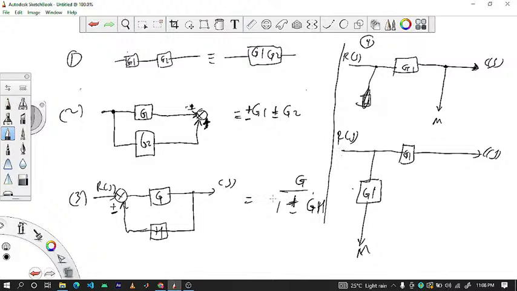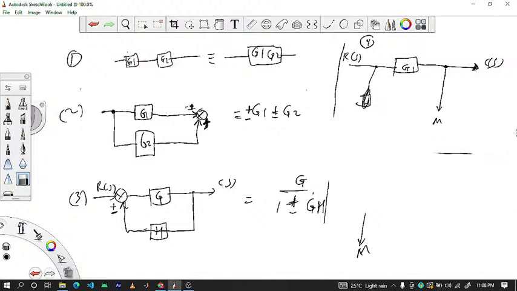So I don't add that to my steps because I know one. So let me move to the next step. The next rule. So the next rule is that if you have a block G1, you have a summing junction here.